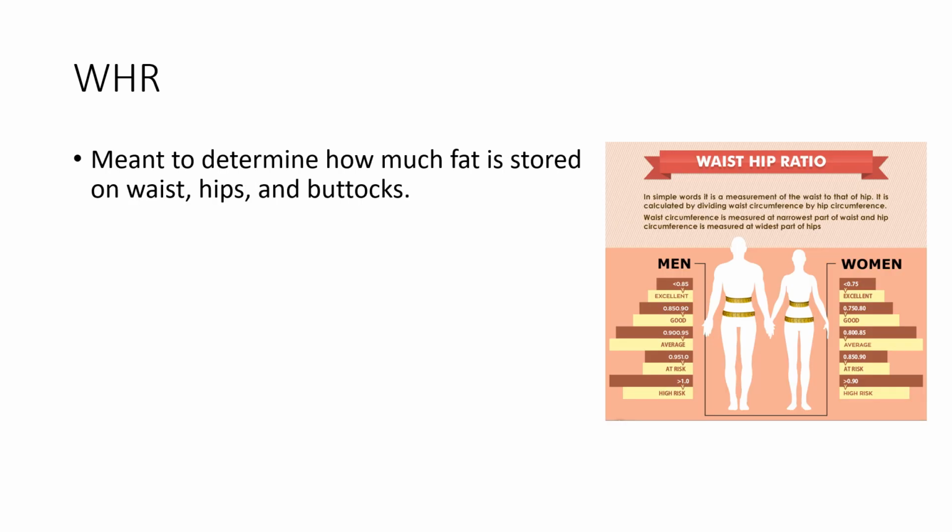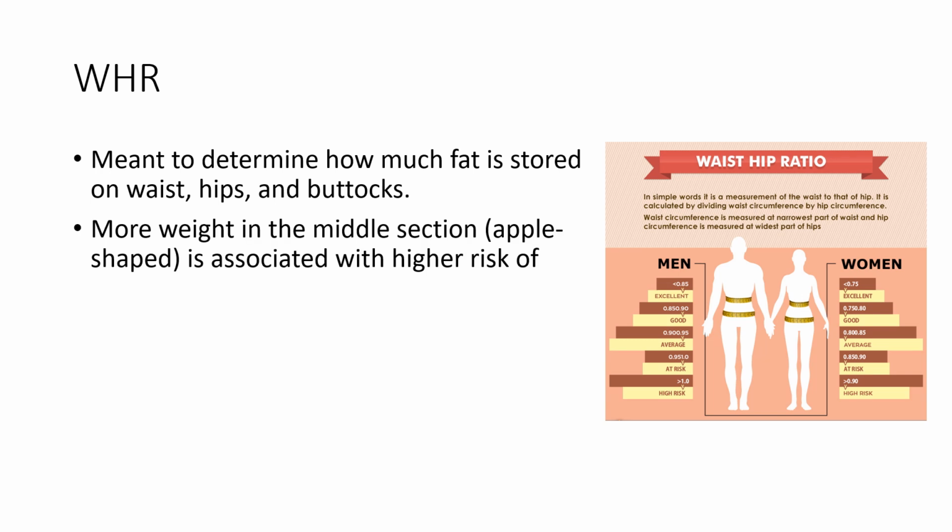Now, continuing on with waist to hip ratio, really what this is meant to do is to determine how much fat is stored on your waist, on your hips, and on your buttock. And what is considered to be a healthy waist-hip ratio does vary a bit when you're looking at men versus women. So more weight in the middle section, or more of an apple-shaped type of body, is associated with a higher risk of several things.